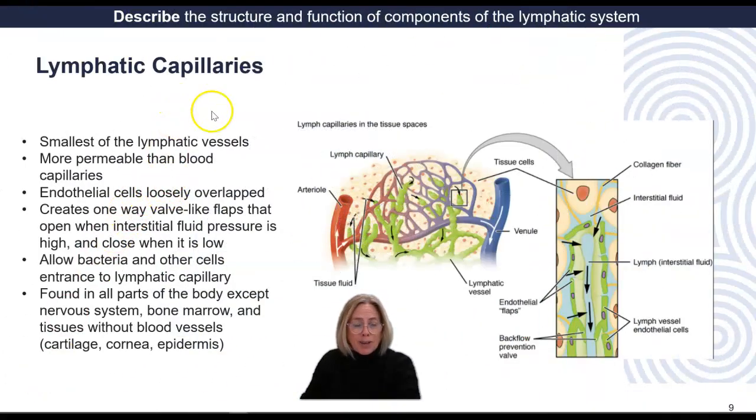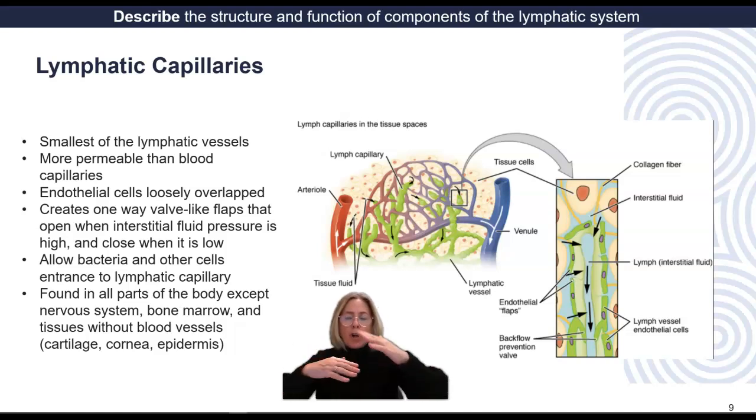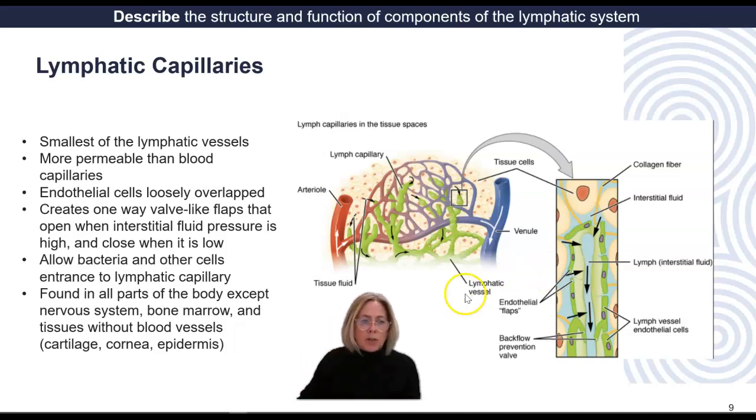So the lymphatic capillaries, as it says here, are the smallest of the lymphatic vessels. Now, they are more permeable than blood capillaries, and that's because of their structure. If we look over here, if we expand here, we've got a capillary bed, we've got our little lymphatic capillaries there, and if we expand on it here, you can see these endothelial cells that form these flaps, and so they overlap, but they're also loosely connected to each other.